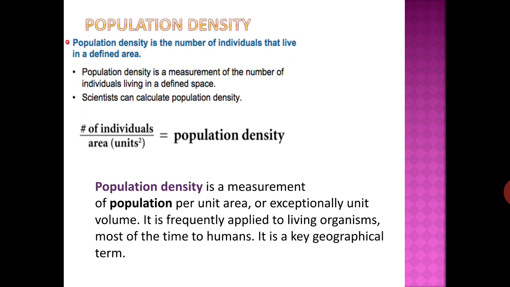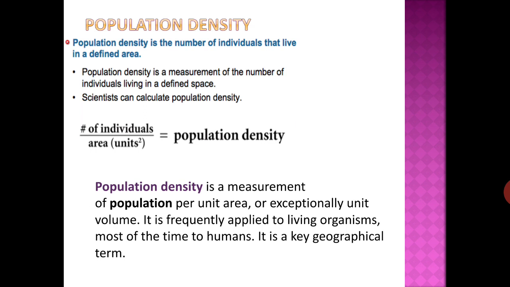Population density as defined by Wikipedia is a measurement of population per unit area or, exceptionally, unit volume. It is frequently applied to living organisms, most of the time to humans. It is a key geographical term. This is all about population density.